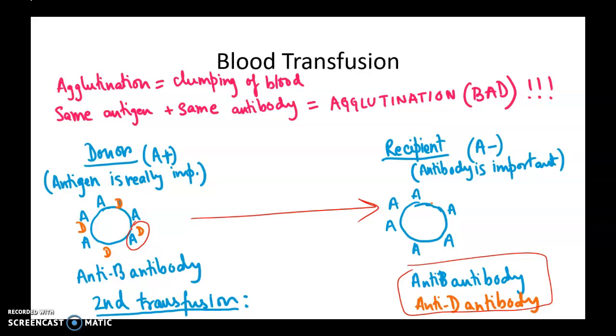So the anti-D antibody in the recipient will react with the D antigen of the donor's blood. Same antigen plus same antibody. Bad agglutination, right? So a second transfusion will be bad.